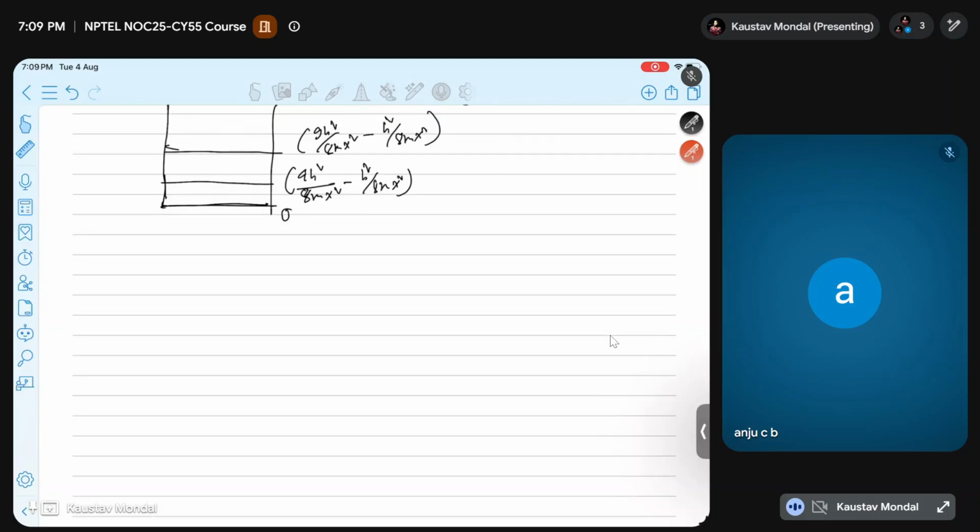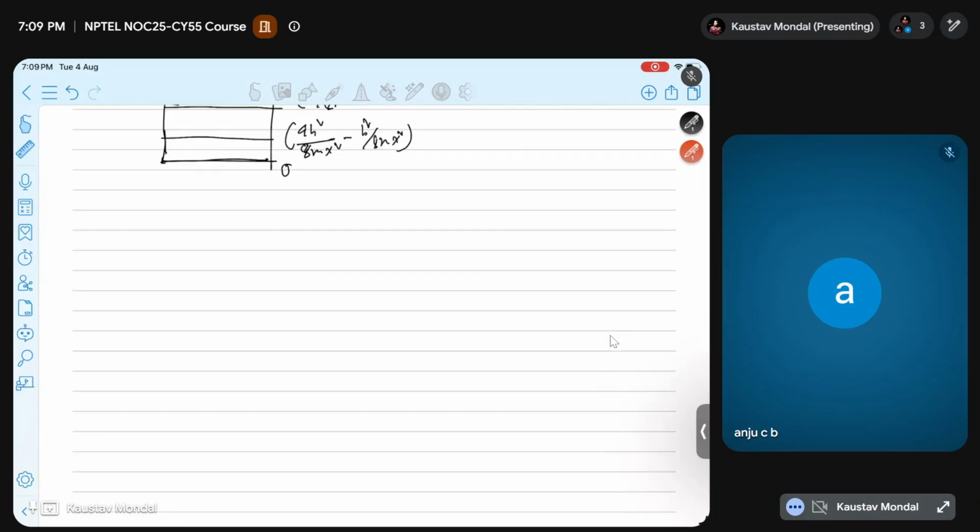In that case, the rewritten version of the nth energy level looks like this: n square minus 1 times h square by 8mx square. For ease of notation, we can write this whole constant as e, so En equals n square minus 1 times e, where e is h square by 8mx square. Now this n value can start from 1, 2 and so on.